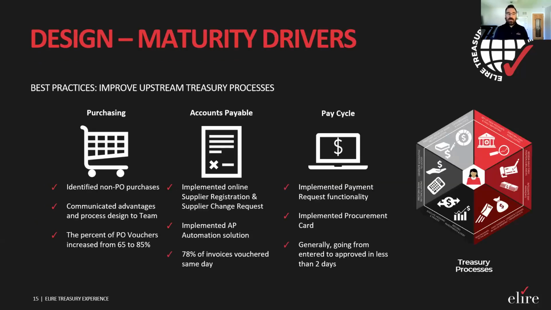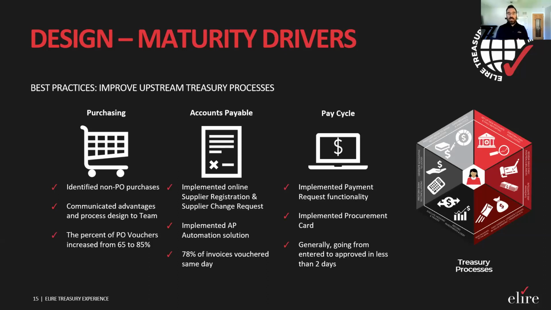So when we look at what drove maturity for Treasury, ultimately by isolating those critical P2P processes and taking the time to build end-to-end designs for purchasing, accounts payable, and pay cycle, we didn't just see improvements in the P2P processing, but we also saw improvements in upstream Treasury processes, specifically around forecasting and reporting.